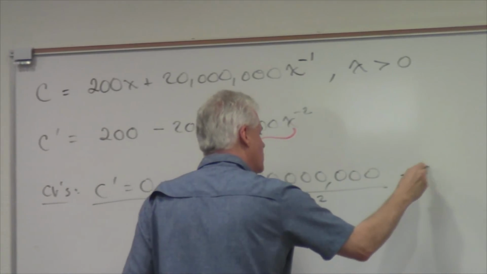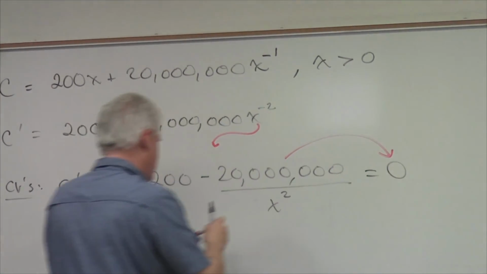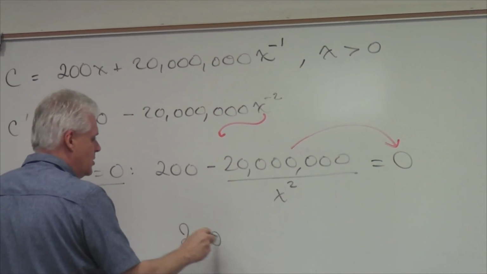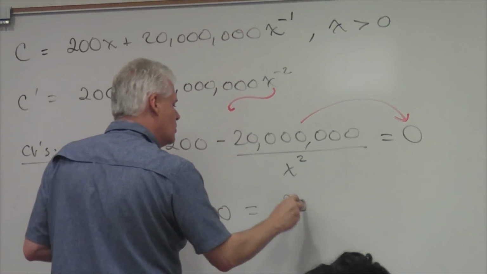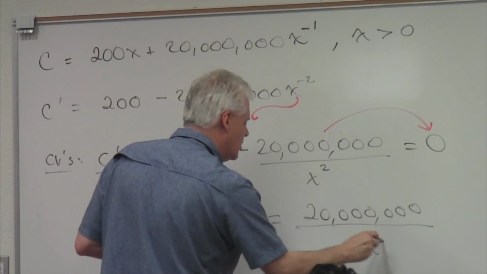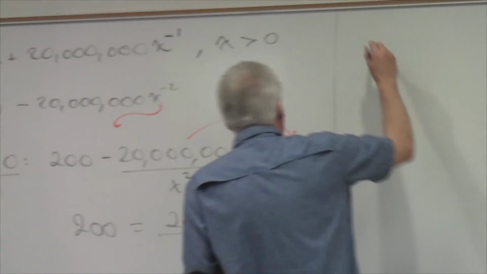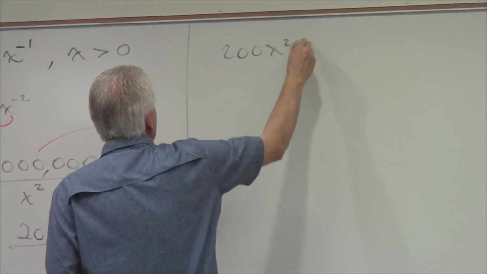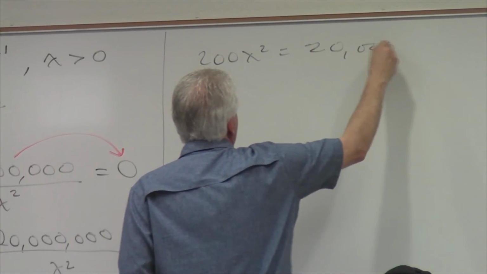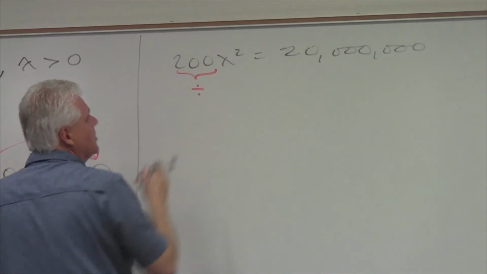That has to be 0. We'll take this to the other side, and we'll get 200 is equal to 20 million divided by x squared. We'll multiply both sides by x squared. So 200x squared equals 20 million. We'll divide both sides by 200.